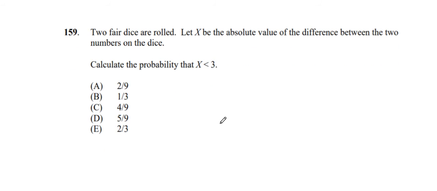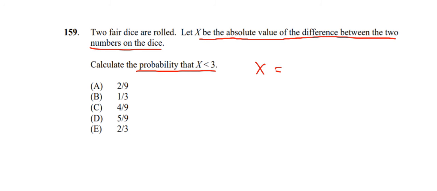So for this problem, we want to find the probability that x is less than 3. So what is this x? x is the absolute value of the difference between the two numbers on the dice.